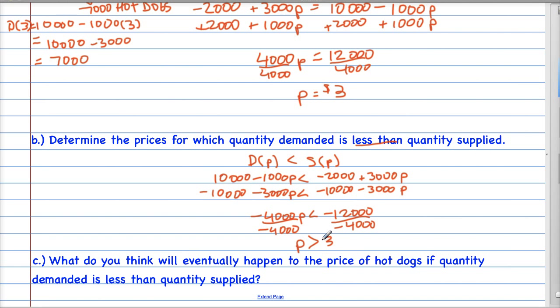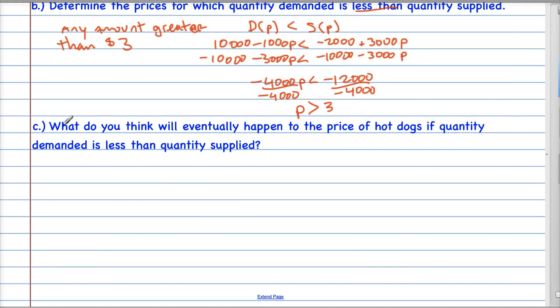So any price greater than $3 is where the quantity demanded will be less than the quantity supplied. So if they charge more than $3, they're going to have leftover hot dogs.